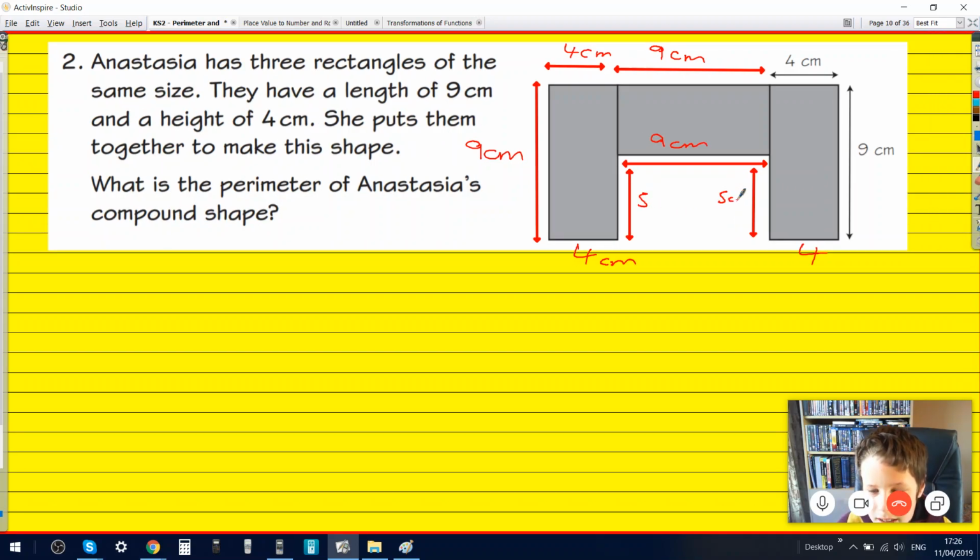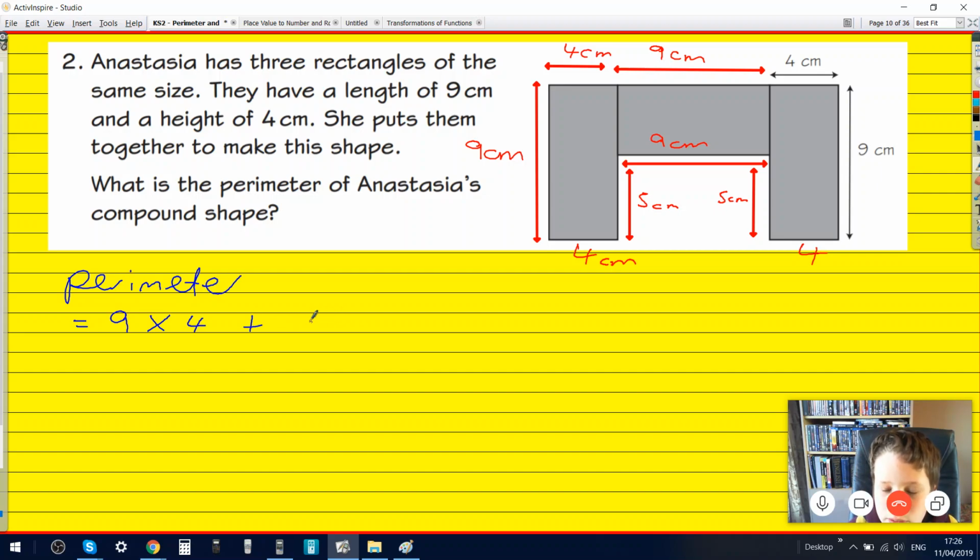Okay, and now we need to add all those numbers together. So 9 plus 9 is 18, double 18 is 36, double 5 is 10, and 36 plus 10 is 46.